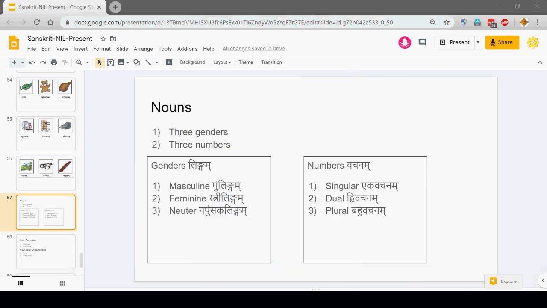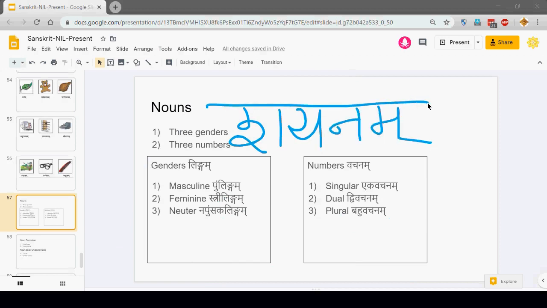But if you use another word for bed, for example shayanam, it is a bed, but the linga is neuter, napunsakalingam. In the singular, or ekavachana, the form is Shayanam, which means one bed. If there are two beds, the form is different: Shayane.